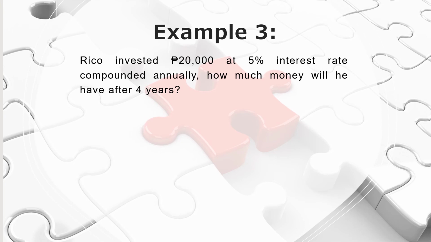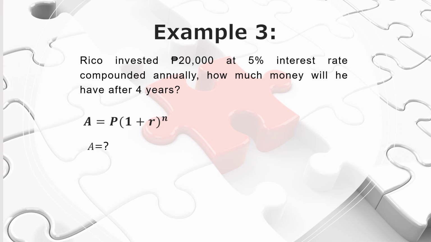Example number 3. Rico invested 20,000 pesos at 5% interest rate compounded annually. How much money will he have after 4 years? So, ang isa pang application ng pagkuha ng geometric sequence ay compound interest. At ito ang formula niya. A equals P quantity 1 plus r raised to n.